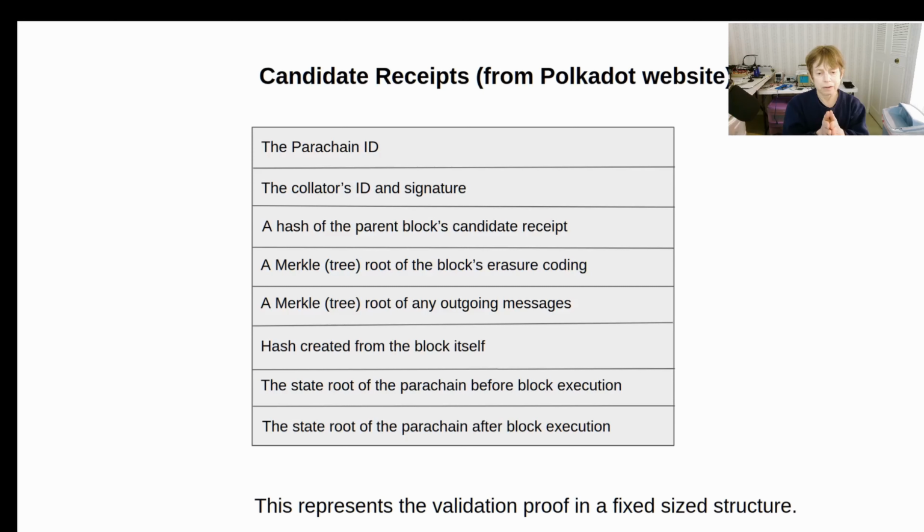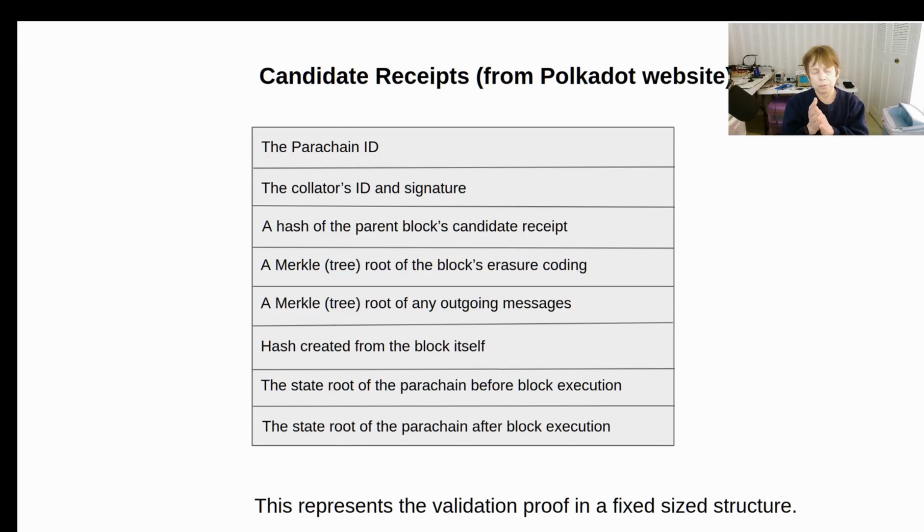The state root of the parachain before block execution, again fixed size, and the state root of the parachain after block execution, which is a fixed size. So as you can see, this receipt is going to be a fixed size, which in terms of scalability makes it much, much easier to scale, because you're not creating data of unknown size. You have this fixed size candidate receipt.